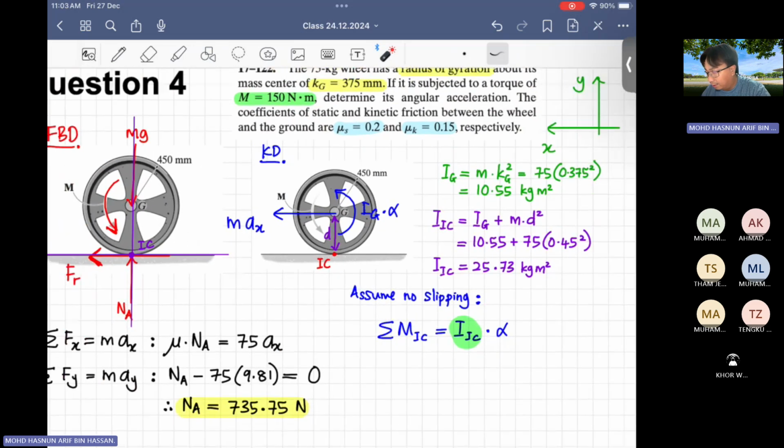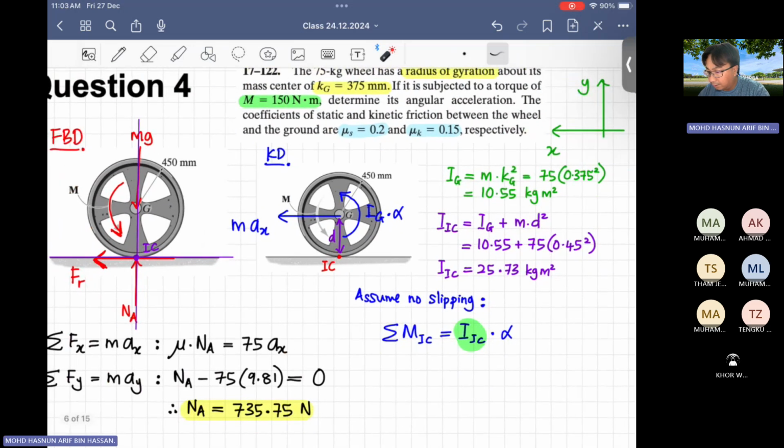So in the equation here, you will write 150 Newton meter, which is the moment. That is the only force that has moment about IC, and it is already a moment, so you do not have to multiply with any distance.